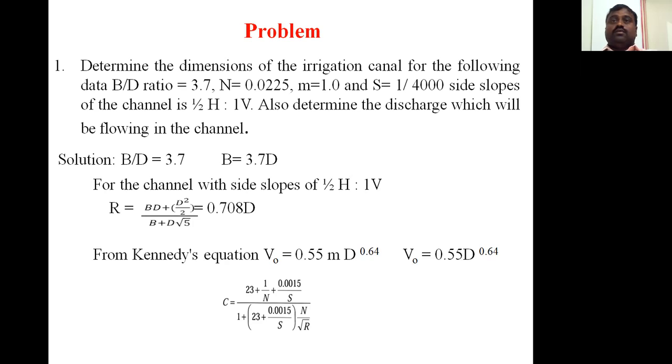So now, if we consider the given data, that is the B by D ratio is given equal to 3.7, so therefore B can be written as equal to 3.7 D. Now using hydraulic radius expression, value is obtained here for R equal to 0.708 D, and now from the Kennedy's equation, that is given for critical velocity, which is equal to 0.55 m into d to the power 0.64.